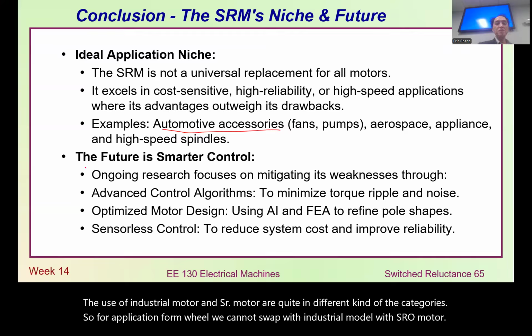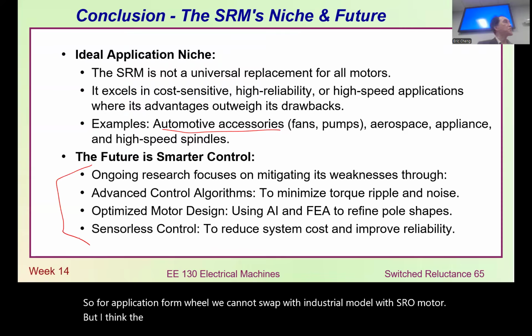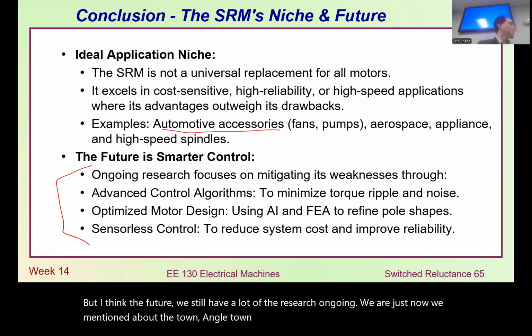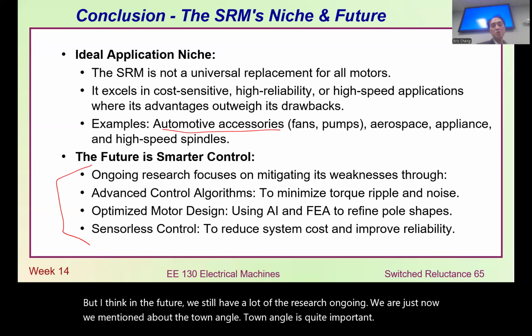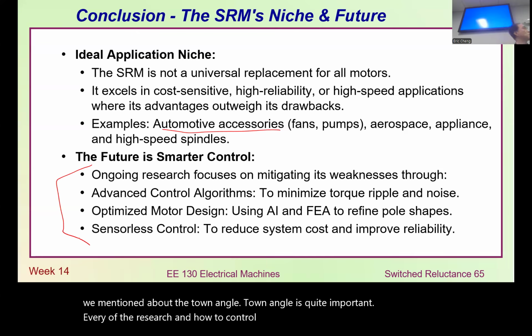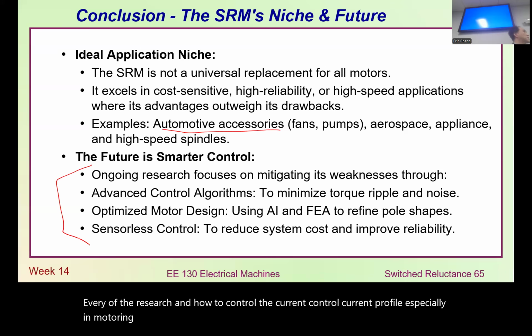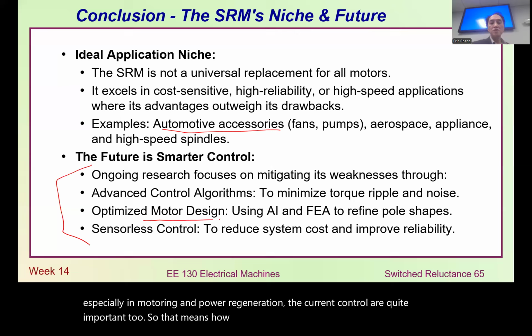But I think in the future, we still have a lot of research ongoing. We mentioned the turn angle. Turn angle is quite an important area of research, and so is how to control the current profile, especially in motoring and power regeneration. The current control is quite important too. That means how to optimize the design.